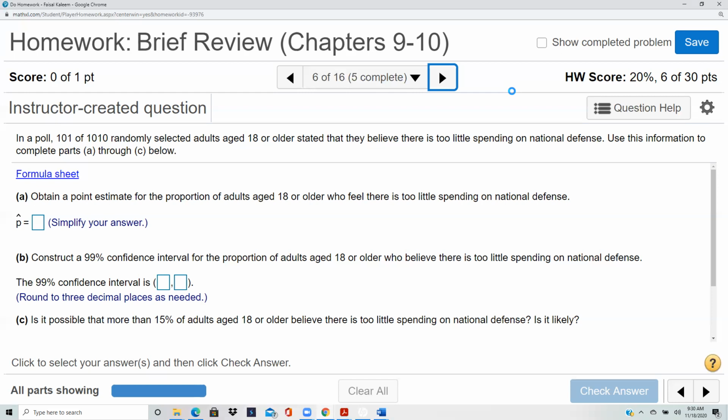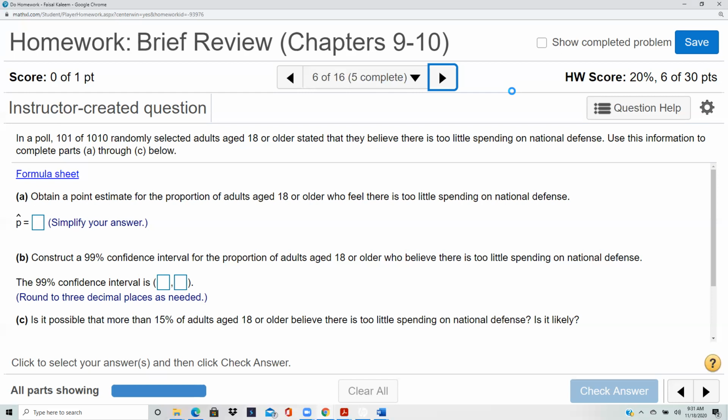If they told you that it's 101 out of 10 that are saying this, what proportion is saying this? Remember, that's why I asked you what does p hat or point estimate mean, and you said it's proportion. So how do we get the proportion if you know that 101 out of 10 are saying something?